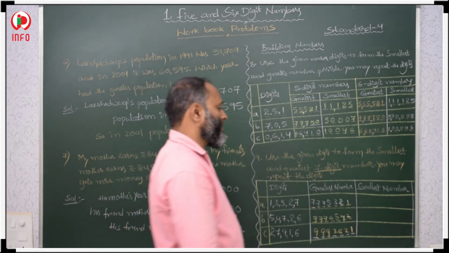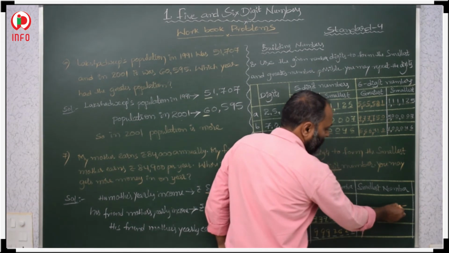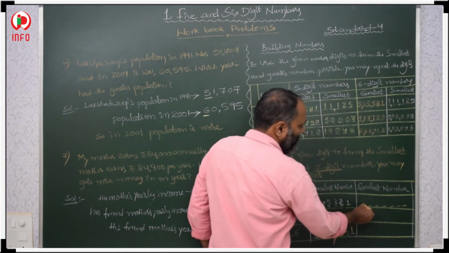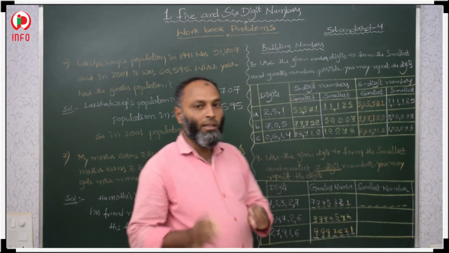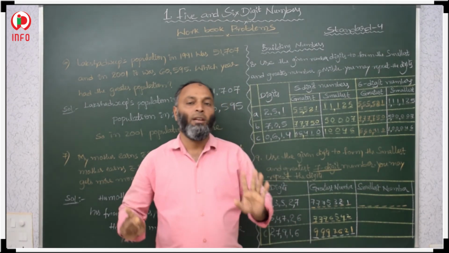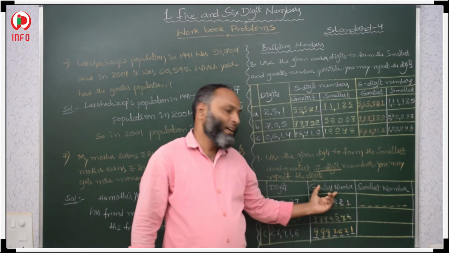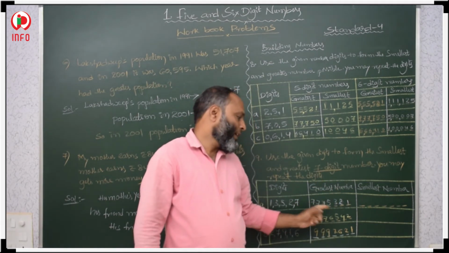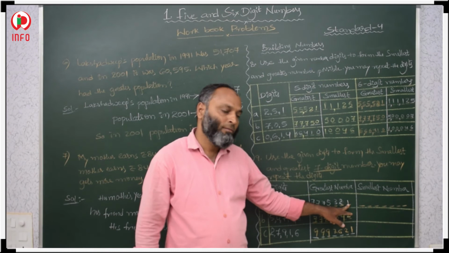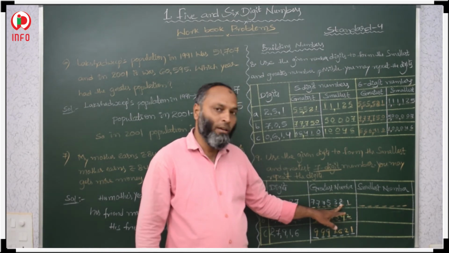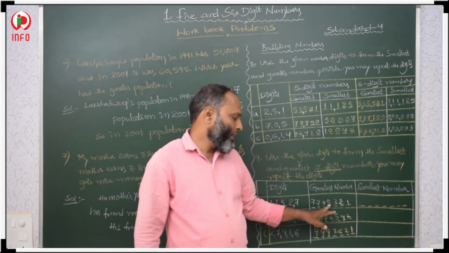Whatever smallest or largest number we need, first we have to arrange the greater number. In the greater case, we take the smaller digit in the ones place, then a little bit bigger, a little bit bigger.